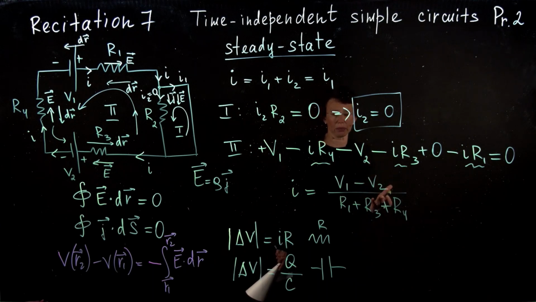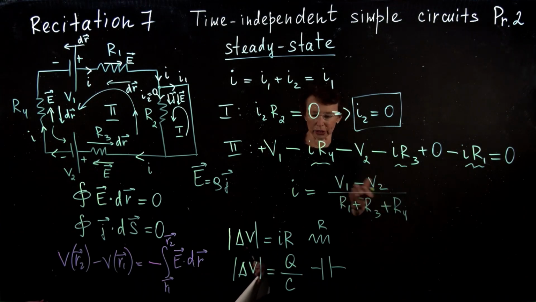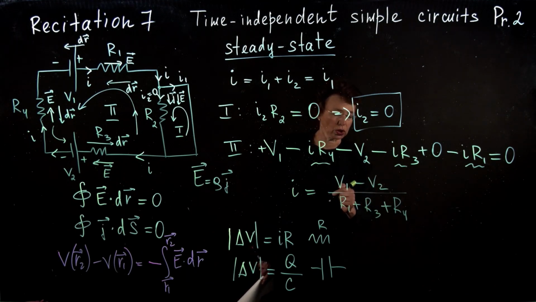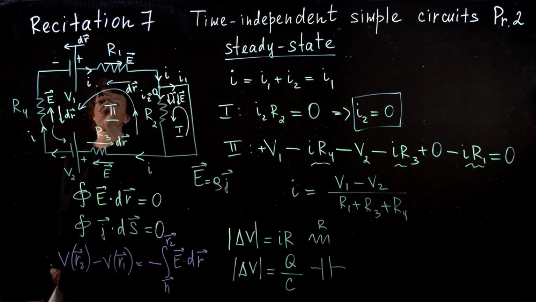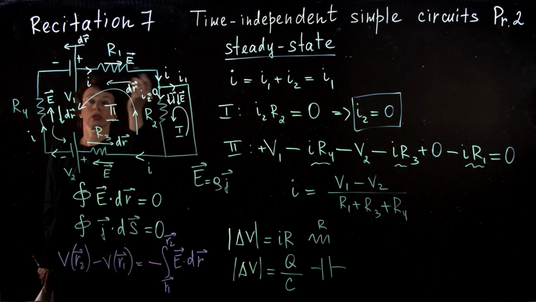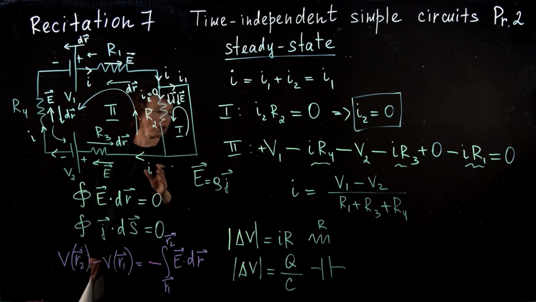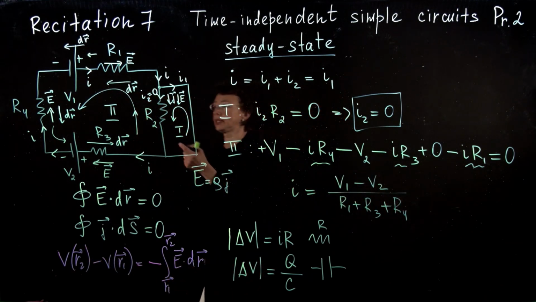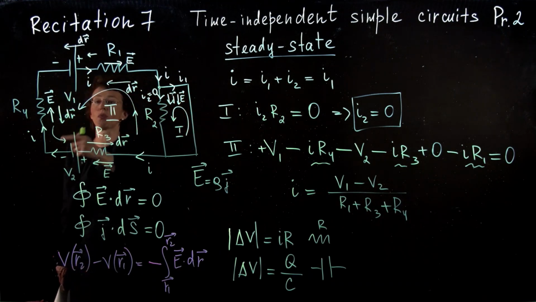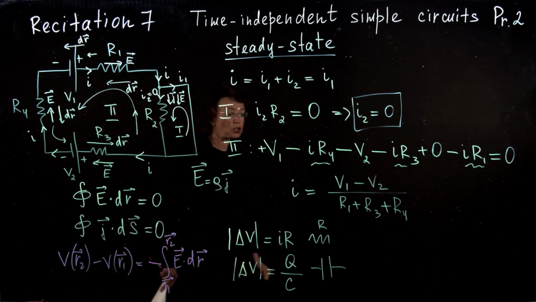If you plug in the numbers and you find that your current is negative, for example, V1 is less than V2, this means that the direction that you chose is wrong, and in reality current will be flowing in the opposite direction, which is fine. So you find the magnitude of this current and you understand that it will be flowing in the opposite direction to what you chose.